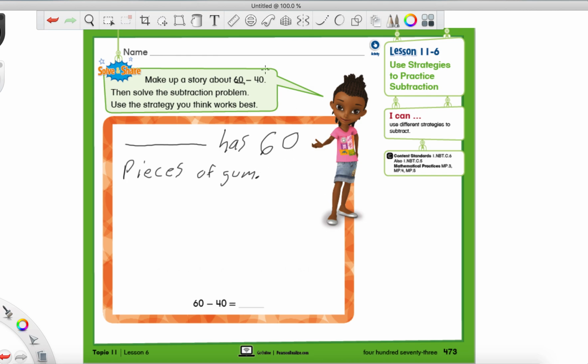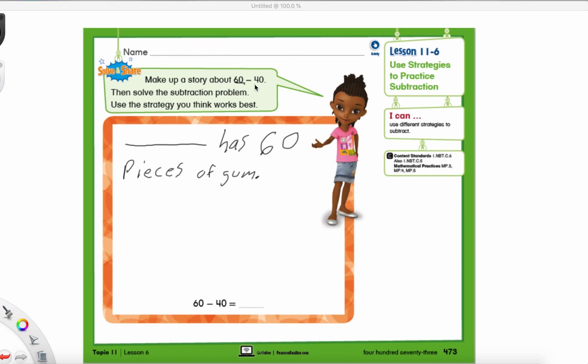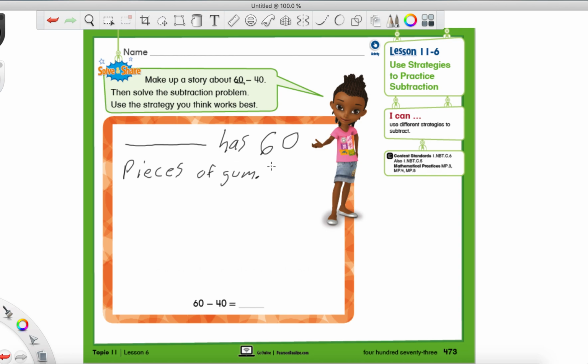Okay. And since we are subtracting, what do you think is going to happen to this gum? Is he going to chew it? Is he going to get more gum? Or is he going to give it away? Well, if we're subtracting, the gum has to go away, right? So I always like to say that he's being super nice, whoever your friend is, he or she, and they're going to give it away.